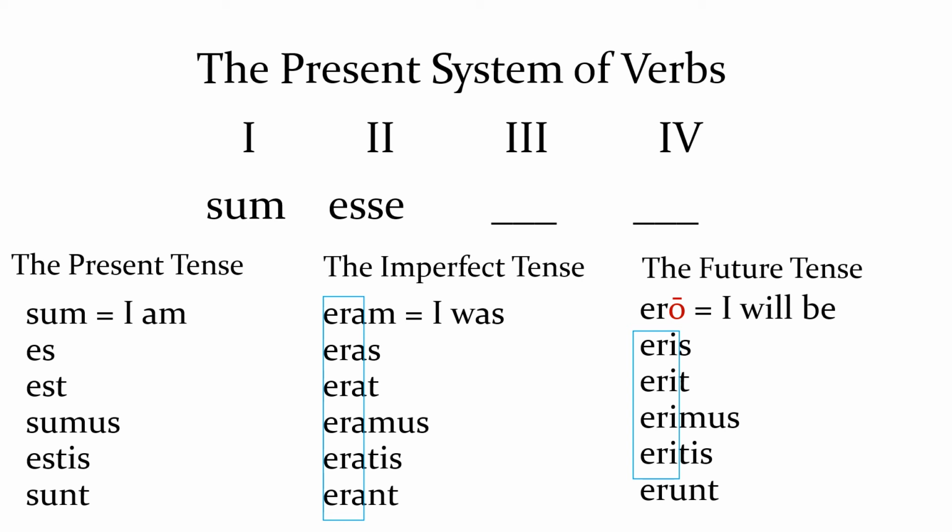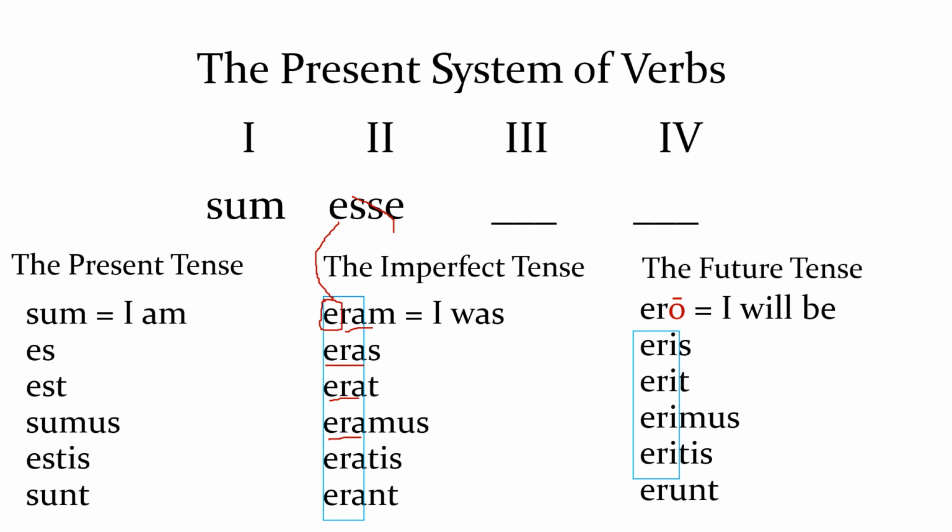So to make the imperfect tense, we have to keep the E from the 2PP, but the rest of this goes. And we add ram. Eram is I was. Eras, you were. Erat, he, she, or it was. Eramus, eratus, and so on.